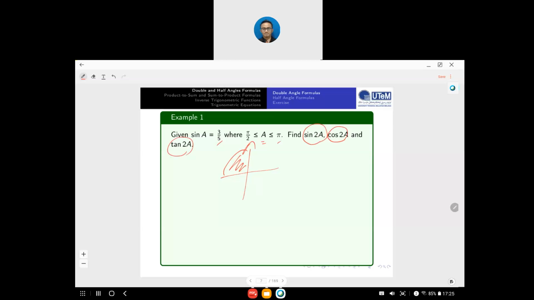So this one you directly find using the double angle formula. First of all, you need to identify what is sine A, cos A and tangent A. Awak kena ada dulu tangent A and cos A before you find sine 2A, cos 2A and tangent 2A.